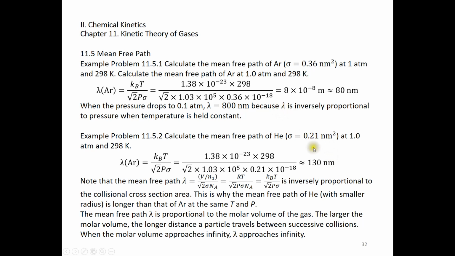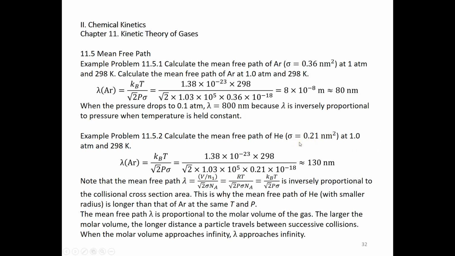We can compare this to the previous example. Over here we have a smaller collisional cross-section area. That makes it hard for the helium to collide with another helium. It's a little bit harder than this. Alright, just imagine in a room you have blindfolded birds flying around.